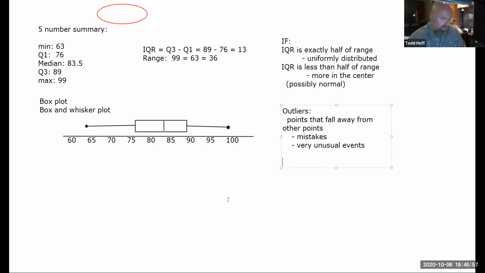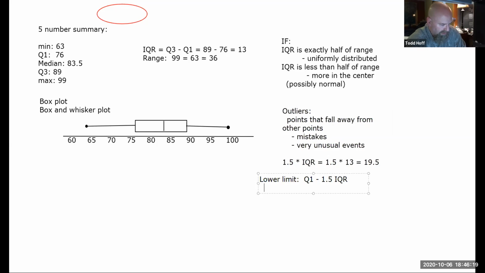What we use is 1.5 times the interquartile range. So here that'd be 1.5 times 13, which is 19.5. We find a lower limit, or a lower fence, which is going to be Q1 minus that 1.5 IQR. So the first quartile, 76, minus that 19.5 would be 56.5. Well, there are no numbers in this data set smaller than 56.5.